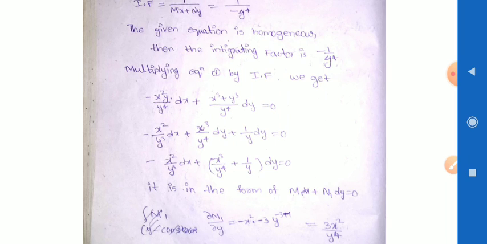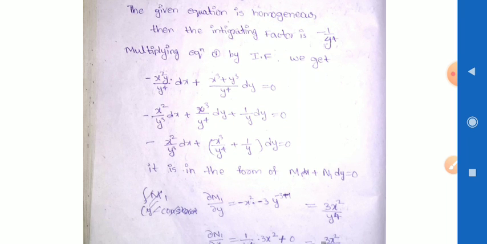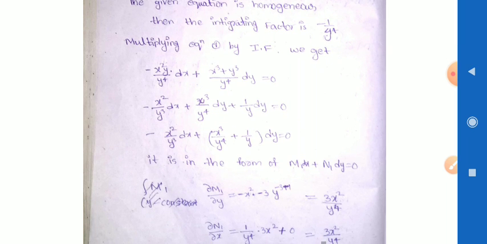Then I multiplied by −1/y⁴, the integrating factor. For −1/y⁴ to be an integrating factor, in the equation M1 dx + N1 dy = 0, the ∂M1/∂y value and ∂N1/∂x value must be equal; only then can we say that −1/y⁴ is an integrating factor.